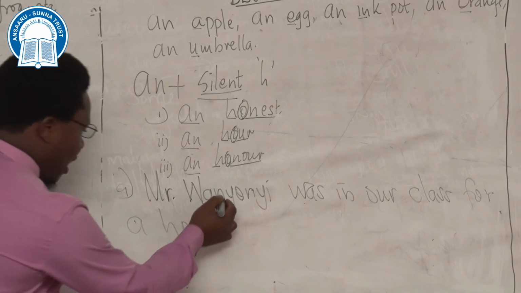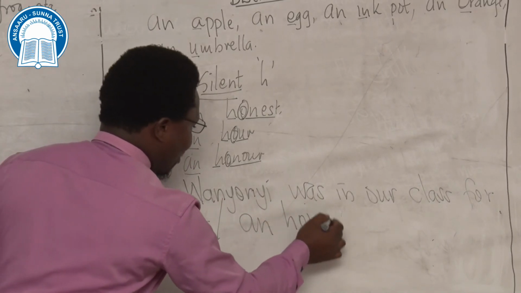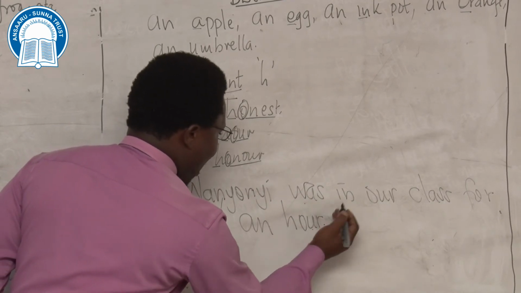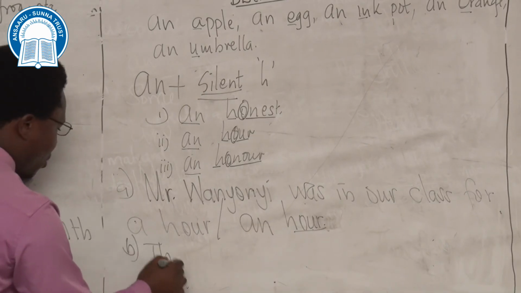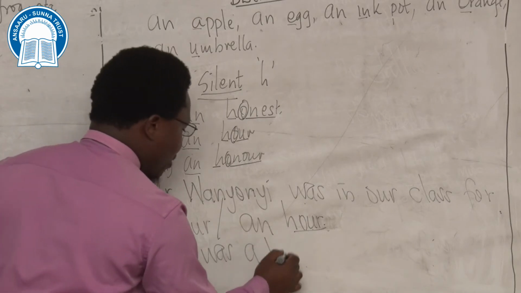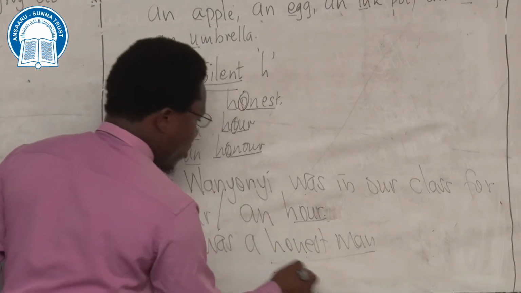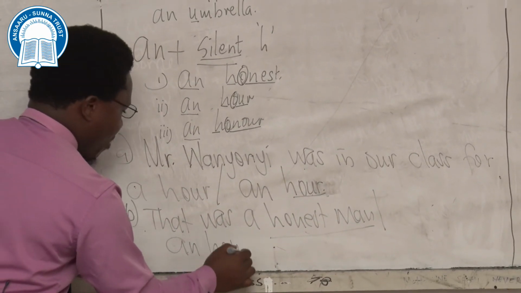But right to say Mr. Wanyonyi was in our class for an hour. Maybe it was an hour lesson. B, that was a honest man. Wrong. But right to say that was an honest man.